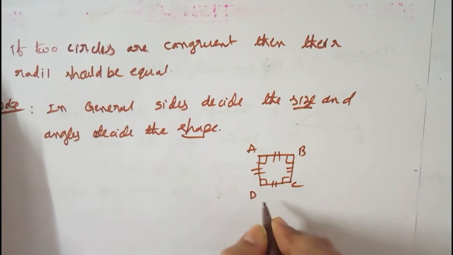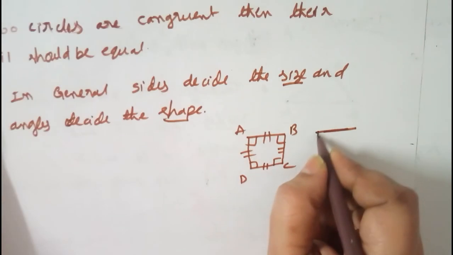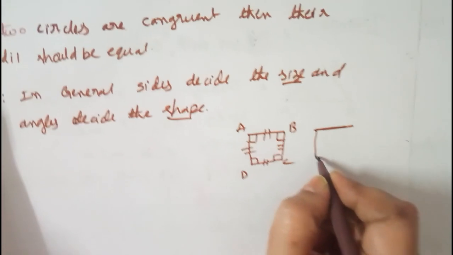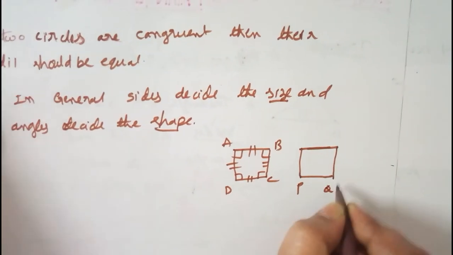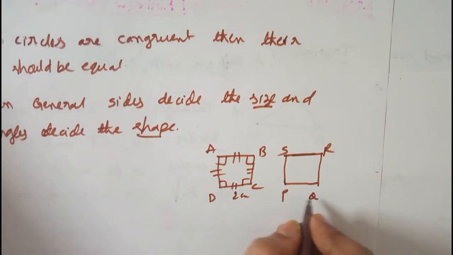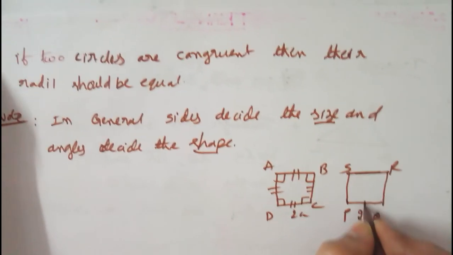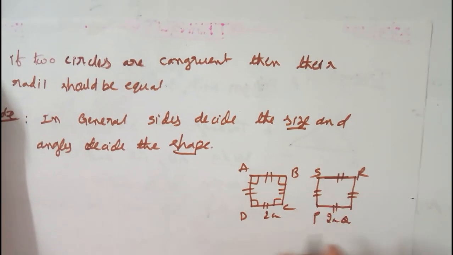So when do you say two squares are congruent? The size of the square depends upon the length of the side. Suppose if it is 2 centimeters, then this should also be 2 centimeters. Then we can say that these two squares are congruent.